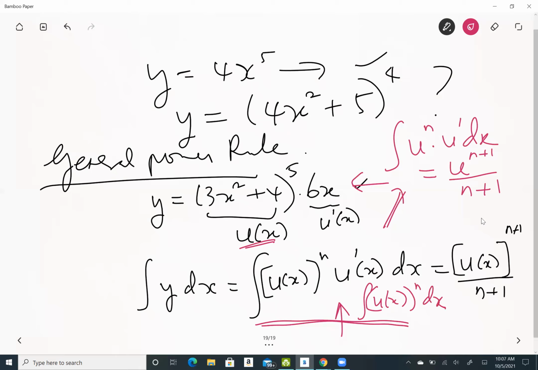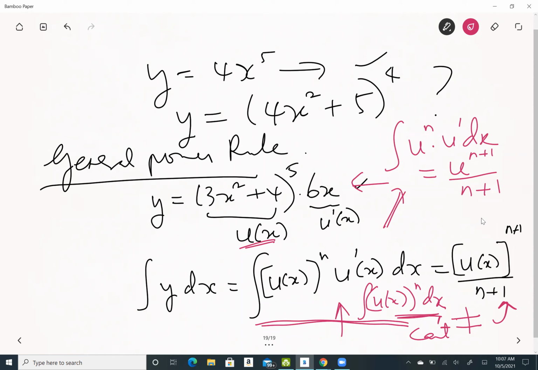This one, the integral is not equal to that thing. So we cannot integrate like that. Okay, you can't do that. The only way to integrate the function is if you have that form, u to the power of n multiplied by u prime, then the integral will be equal to u to the power of n plus 1 over n plus 1.